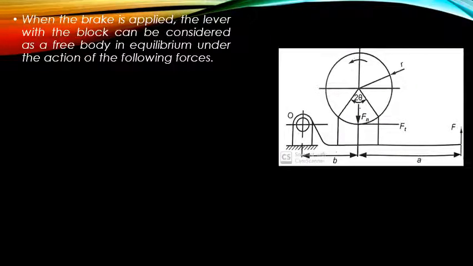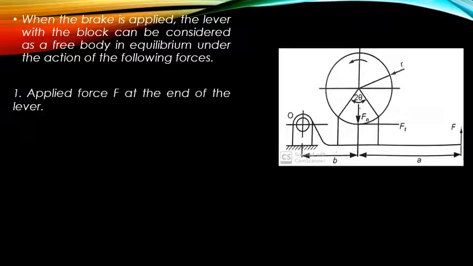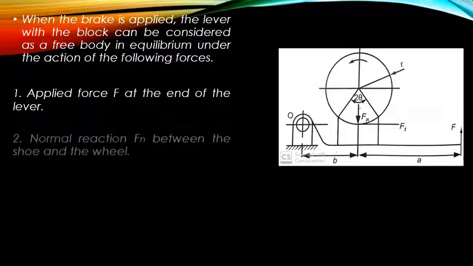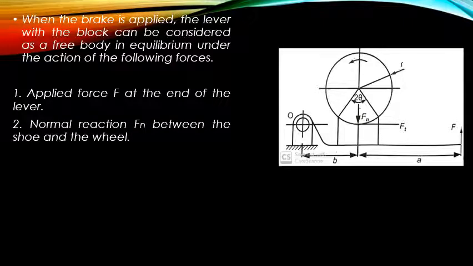When the brake is applied, the lever with the block or shoe can be considered as a free body which is in equilibrium under the action of the following forces. First of all, the applied force or the effort, capital F, at the end of the lever. Then we have the normal reaction Fn between the shoe and the wheel, shown here vertically downwards.